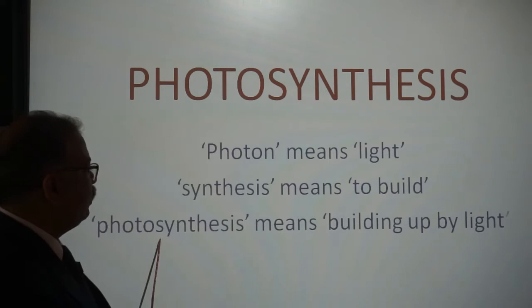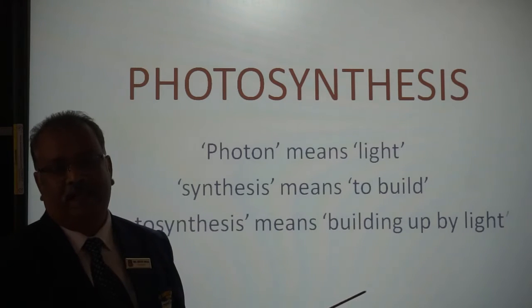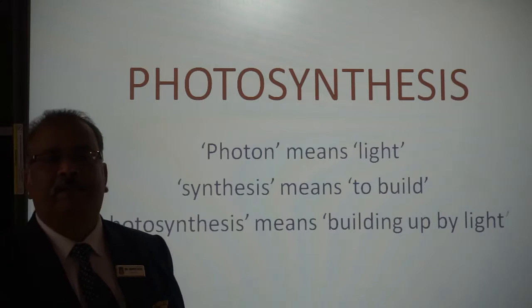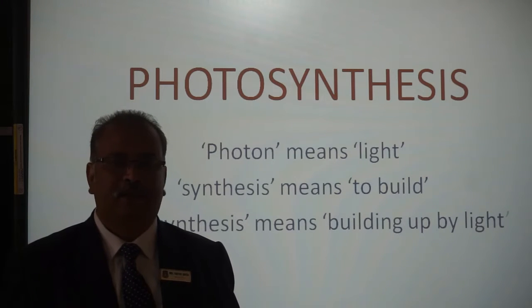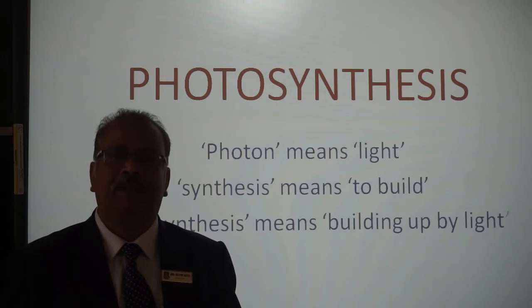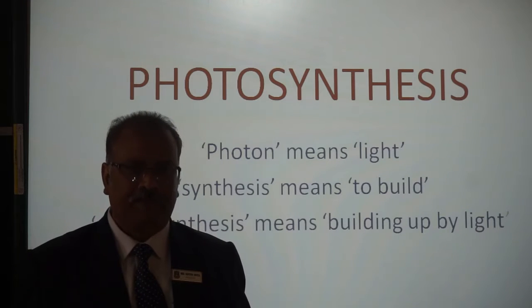Therefore, photosynthesis means building up by light. The plants prepare their food in the presence of light, not any other light but sunlight. They trap the solar energy to prepare their food.